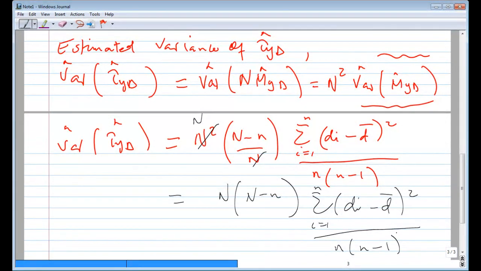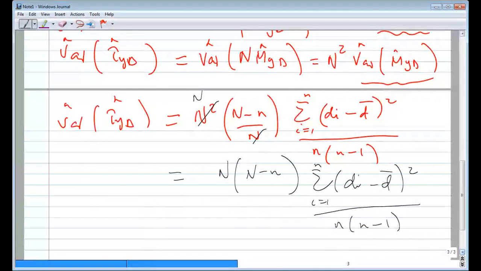I think that's it. So now this is the estimated variance of the estimated population total under difference estimation. Any question? None. Okay. So let's go to the example now.